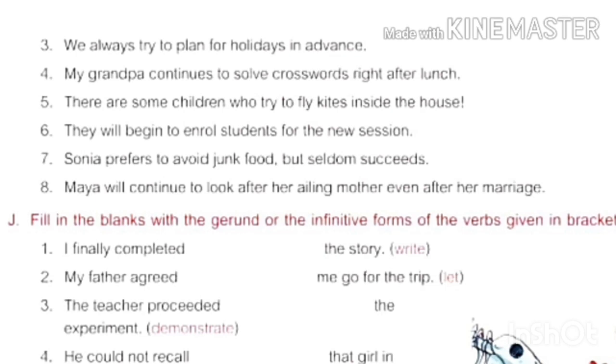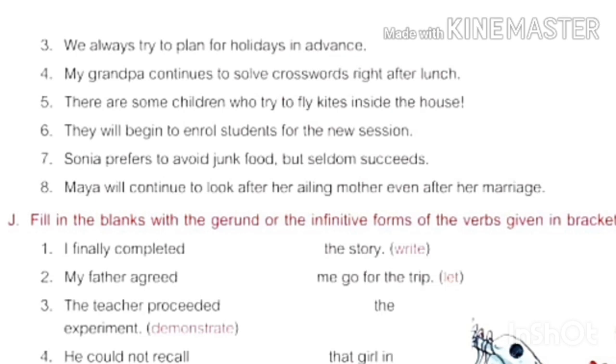Sixth sentence is they will begin to enroll students for the new session. So they will begin enrolling students for the new session. In all sentences only to plus V1 becomes V1 plus ing. That means infinitive becomes gerund. Sonia prefers to avoid junk food but seldom succeeds.